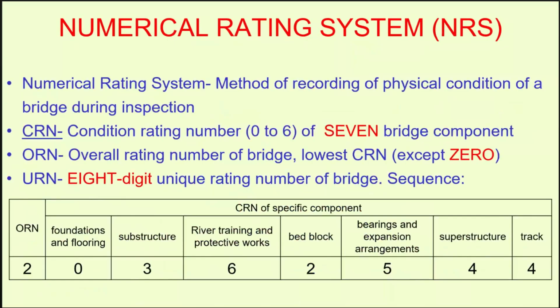This is a method of recording the physical condition of a bridge during inspection. Then there is something known as the condition rating number. There are ratings from 0 to 6, that is 7 levels, and the condition of each bridge component will be defined.